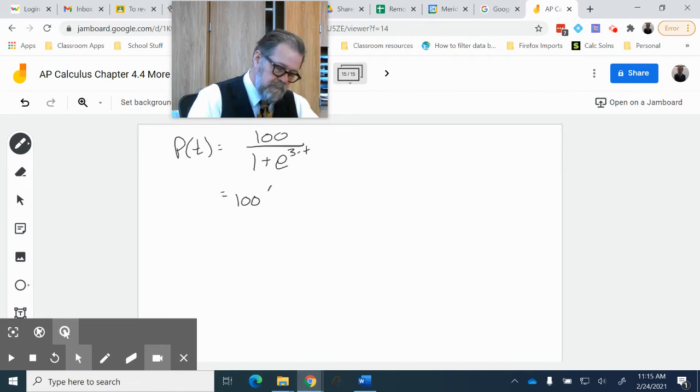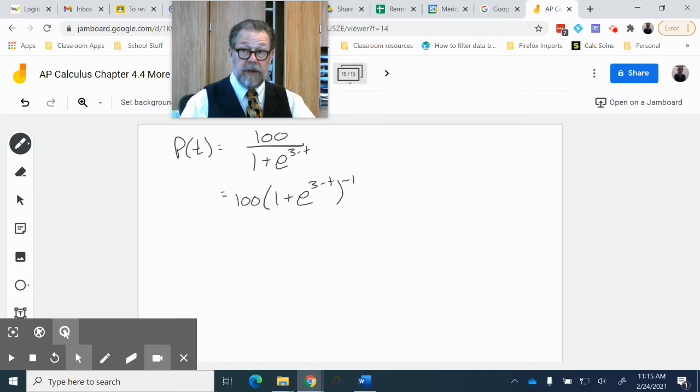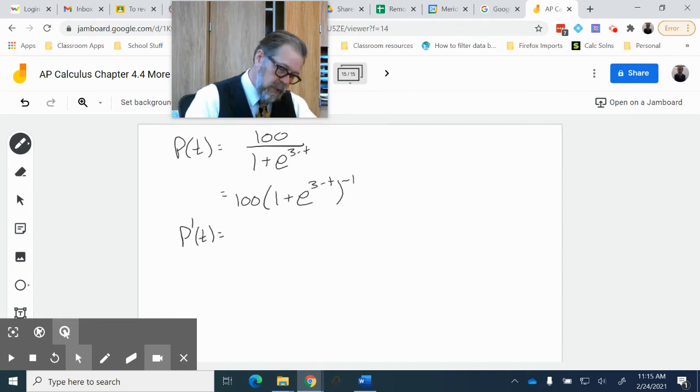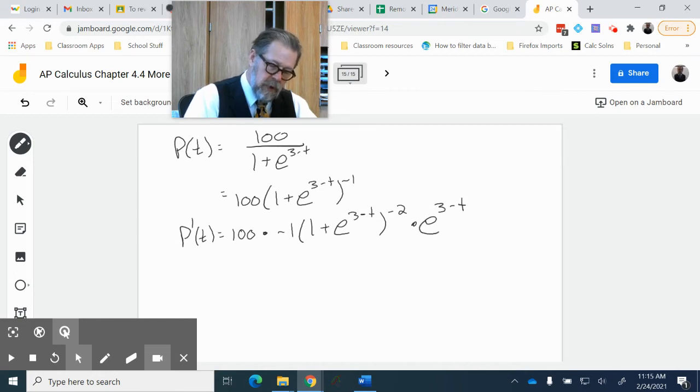General rule, taking the derivative, you have a function in the denominator, make it a -1 power. So the derivative equals, well, 100 times, that's the constant, power rule, -1 times that to the -2 times the derivative of the inside, well, the derivative of e is itself, times the derivative of the power, -1.